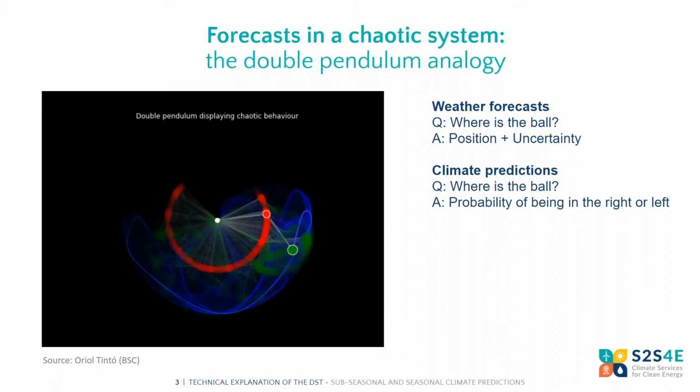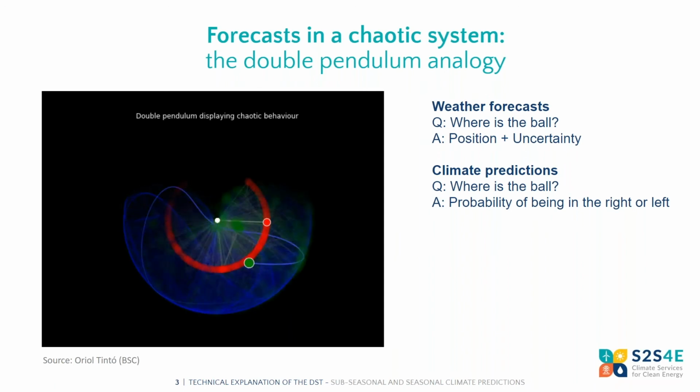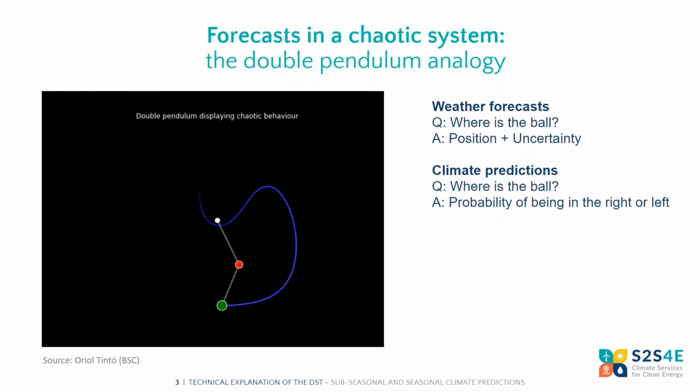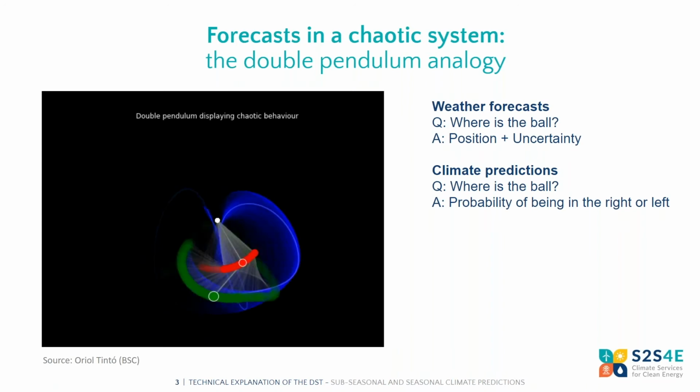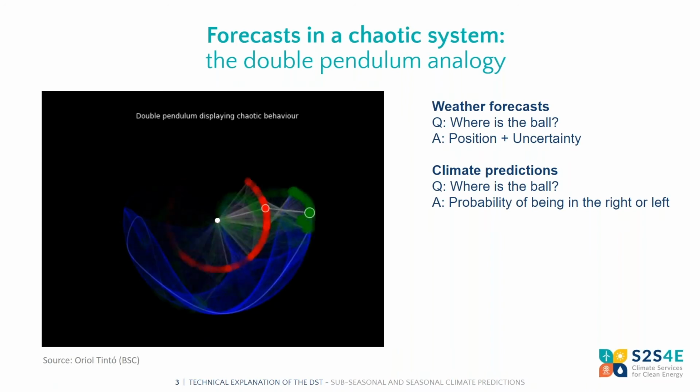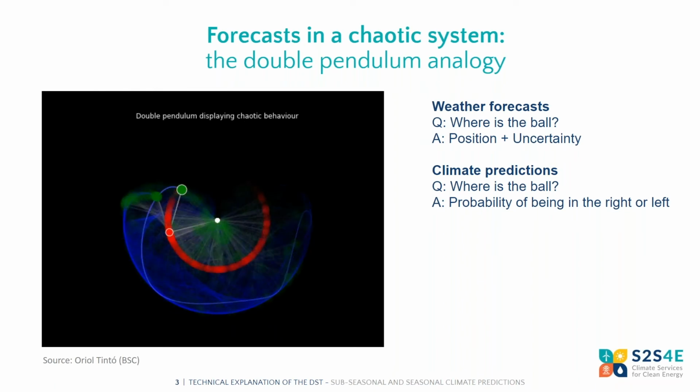Similarly, it happens with the atmosphere. With weather forecasts, we want to ask where is the ball, and at the very beginning we can tell the position with accuracy, but as time goes on, we cannot be sure of the exact position.